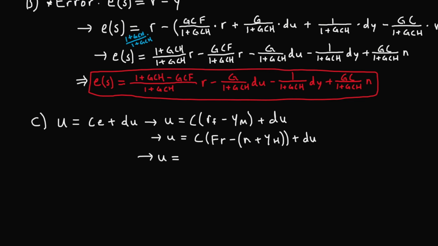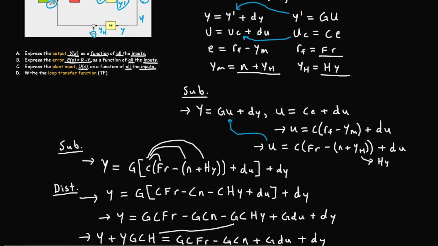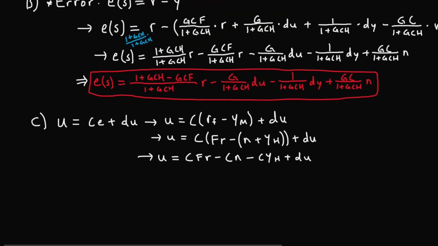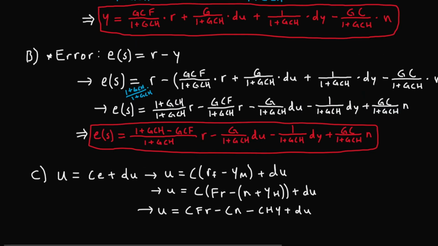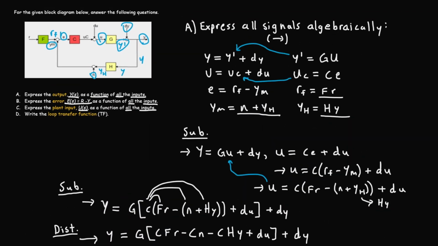And now we can multiply out C. So we have CFR minus CN minus CYH plus du. And here we have the expression of YH, so I'll just go ahead and rewrite this as HY, which again is equivalent to YH. And then here we also have an expression for Y, which is Y prime plus dy. And then Y prime is GU.